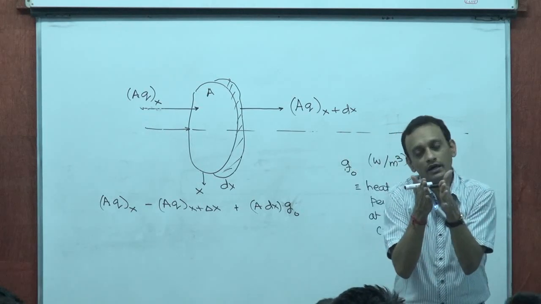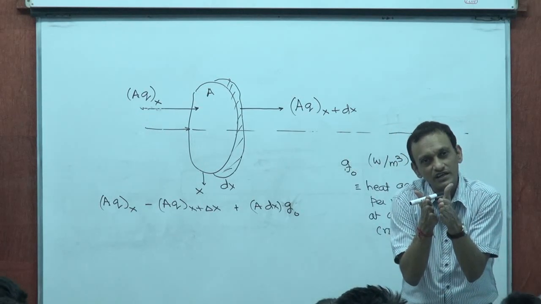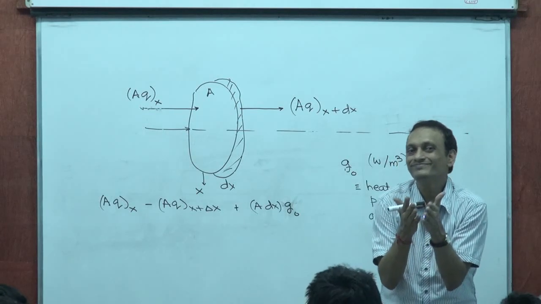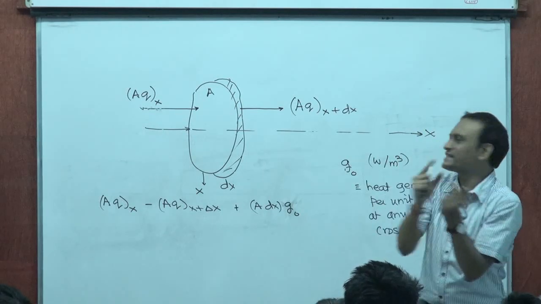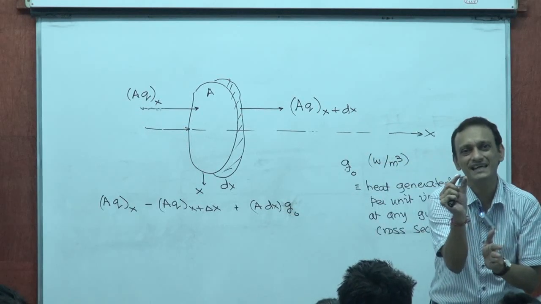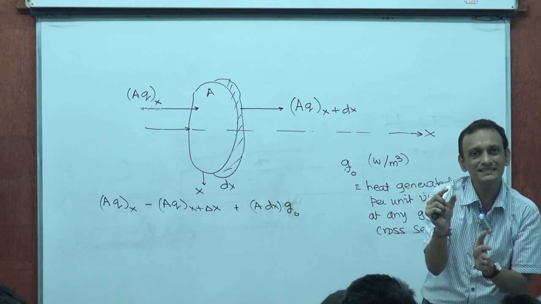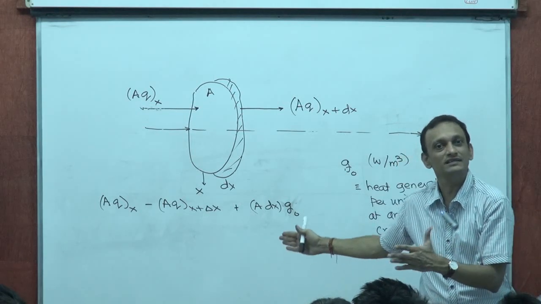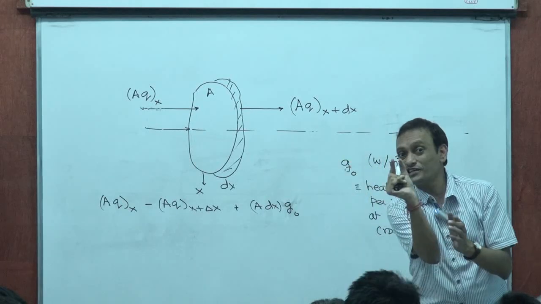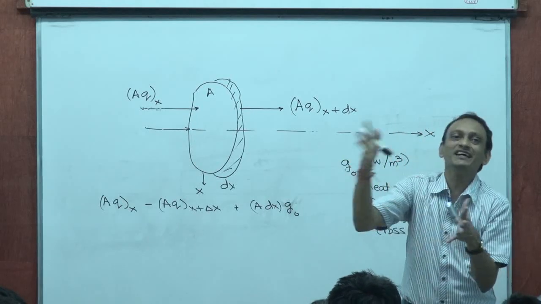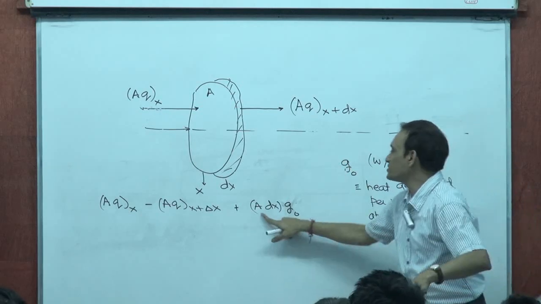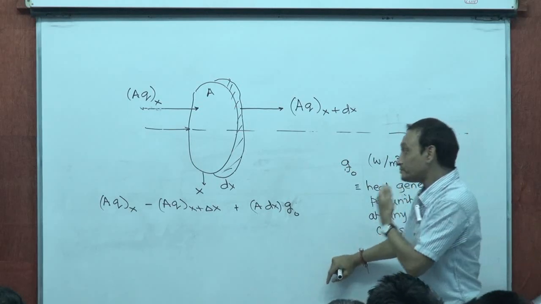See, if dx is very small, do you realize that the change in area would be negligible? Because it's dx. If I had taken this as delta x, it would have been another issue. But this thickness is dx, because the variation is continuous. So over that small change dx, the change in area can't be abrupt, right? So A into dx into G naught.